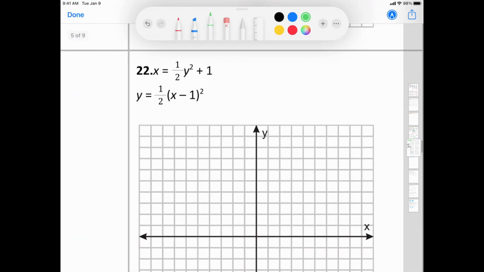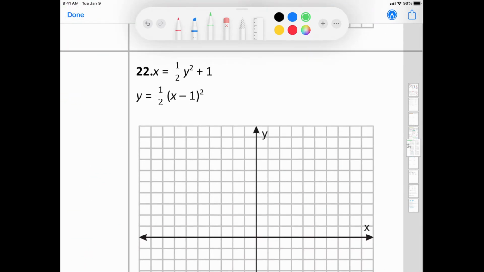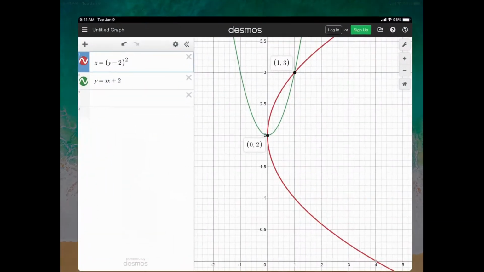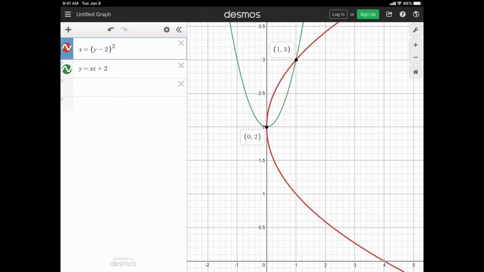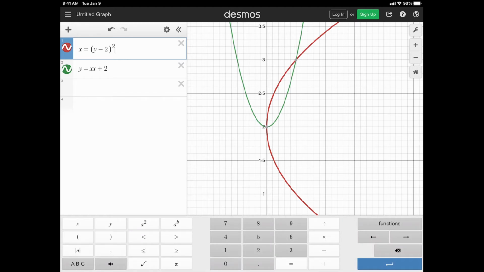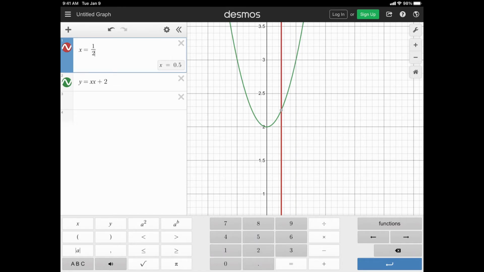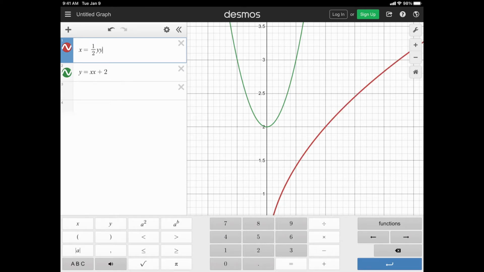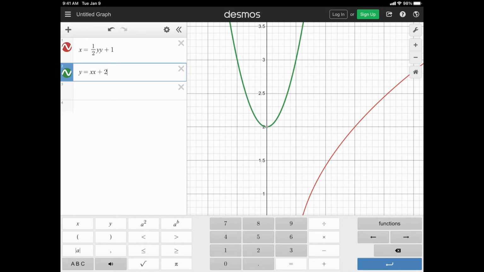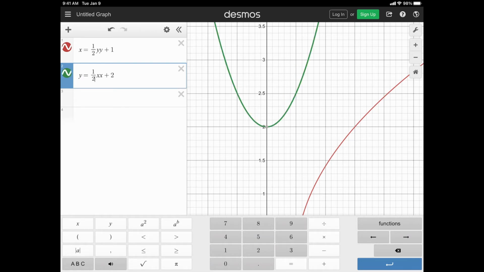Number 22, let's take a look at this one. I have x equals 1/2 y squared plus 1. Remember, I just did y as a shortcut. And y equals 1/2.